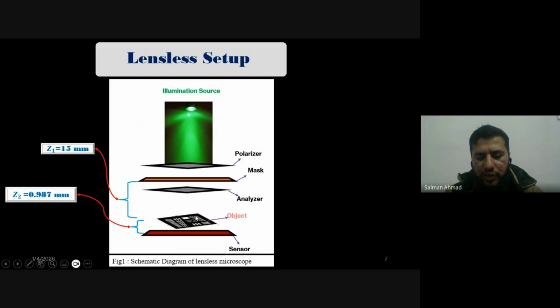We used the USAF, United States Air Force 1951 chart. Here we have different groups, which have different elements, and the resolution of each group and element is different. So we fall that light on the transparent object, and the sensor records that object.